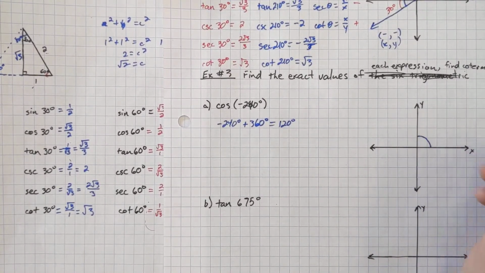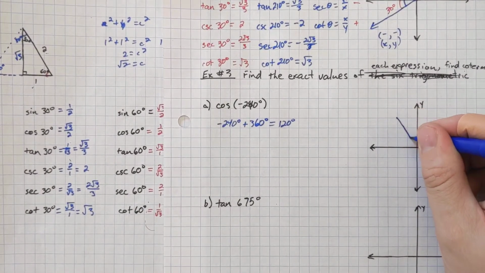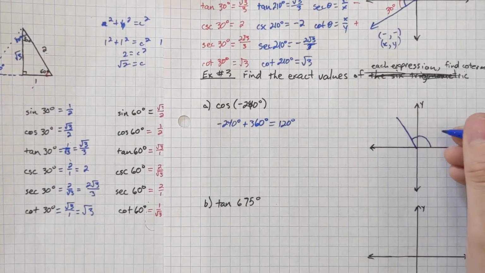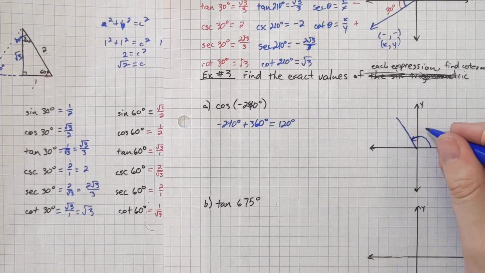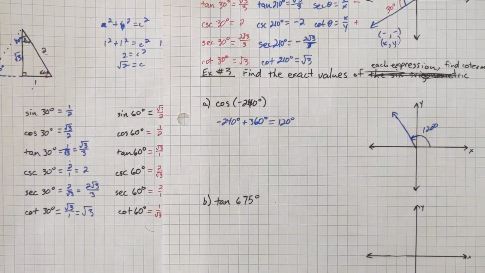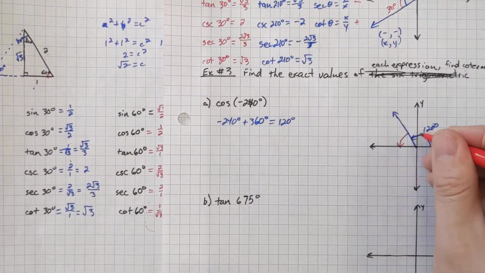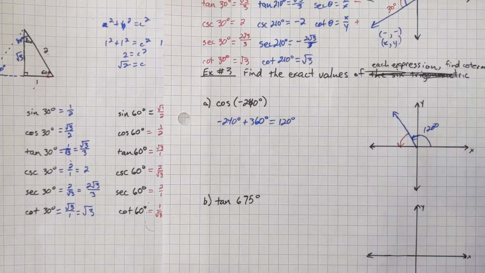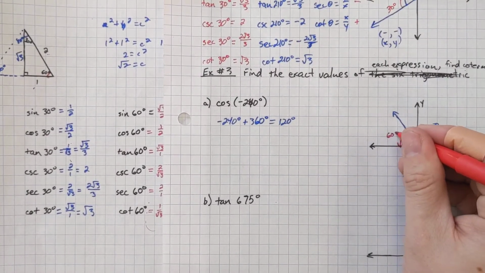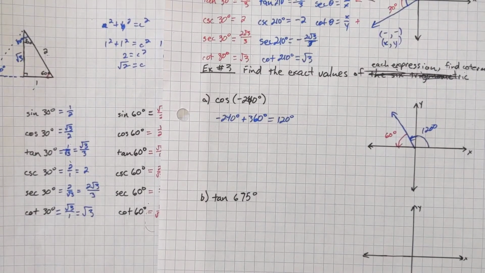So 90 degrees, and then I need another 30 degrees to get to 120 degrees. So remember our reference angle, it's going to be this one. So how do I get back to the x-axis? Well, I need another 60 degrees to get to 180.